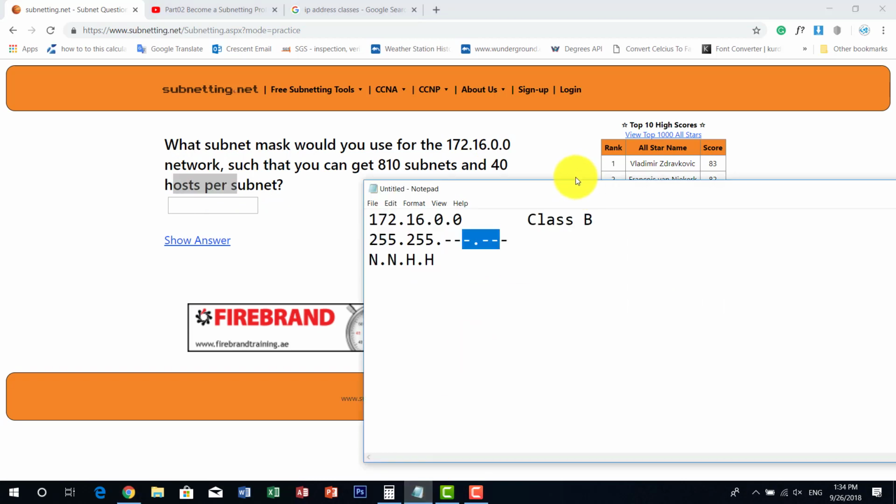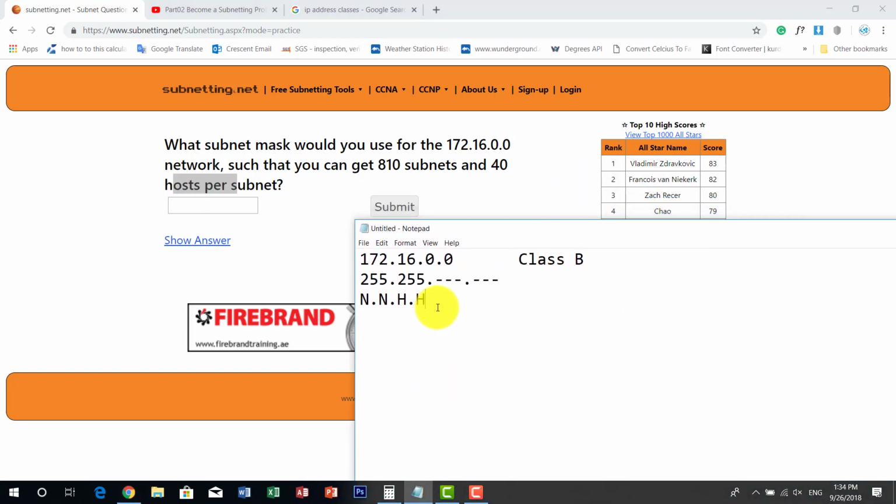In this question, it gives us 810. So according to the rules, 2 power something equals the total number of subnets. So we have to find a number which is approximately equal to 810.